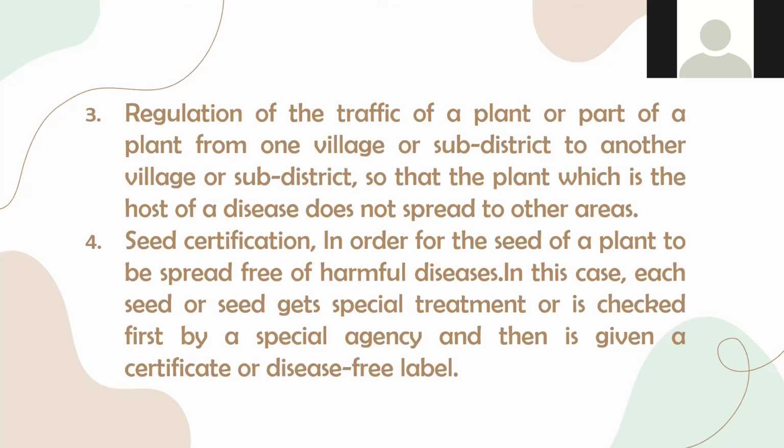Fourth, seed certification, in order for the seed of a plant to be spread free of harmful disease. In this case, each seed gets special treatment or is checked first by a special agency and then is given a certificate or disease-free label.